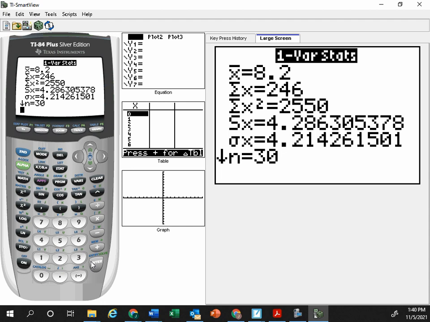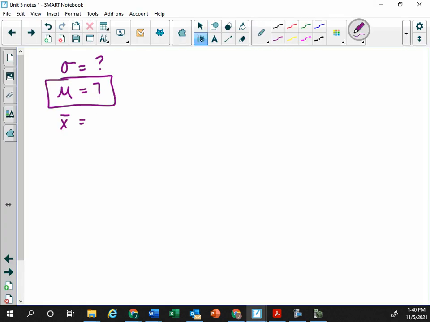Okay, I'm going to move this so I can write them. So our X bar was 8.2, S was 4.29, and then our sample size was 30, right? So that's kind of all the stuff we need for the problem.